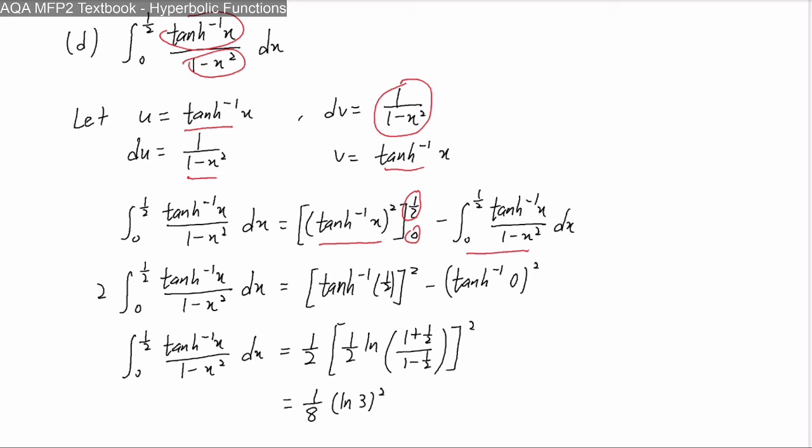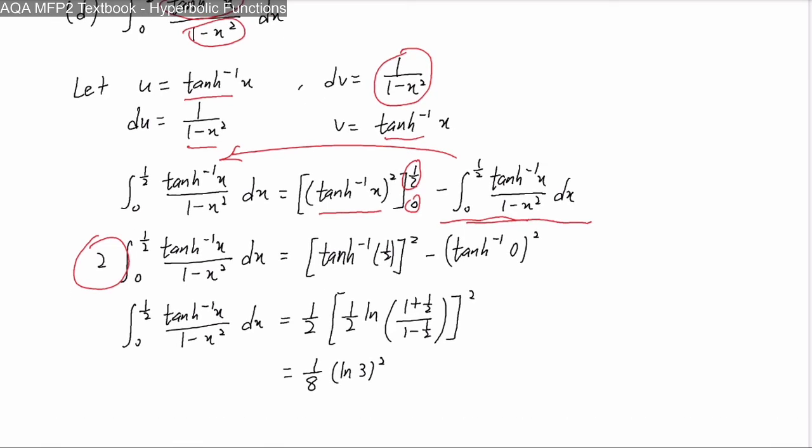So for this term, we just have to move it over, so we have a 2. The right hand side is just about evaluating the values for the arctan. The arctan of half is given by this form, and arctan 0 is of course 0. The reason we have this half here is because we have moved this 2 over, so we have 1 over 2.